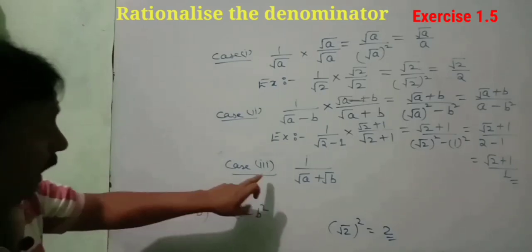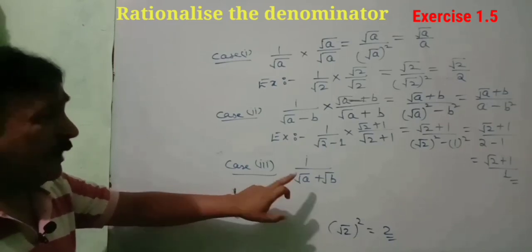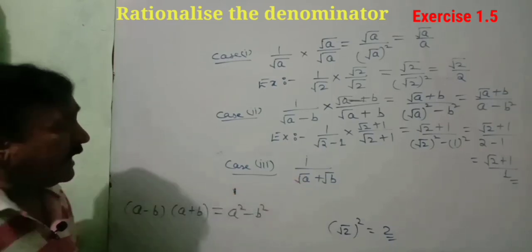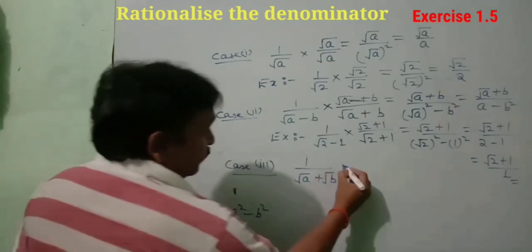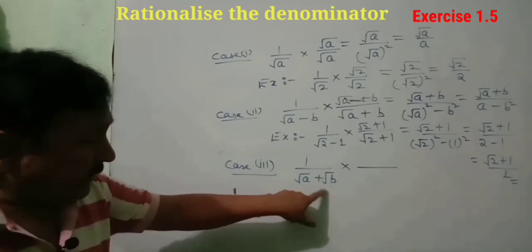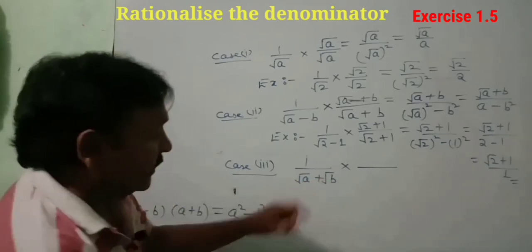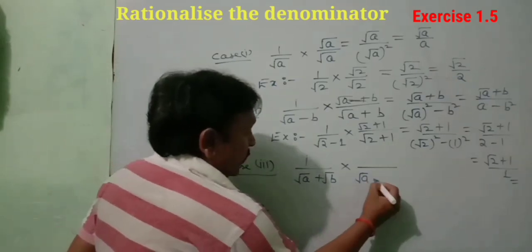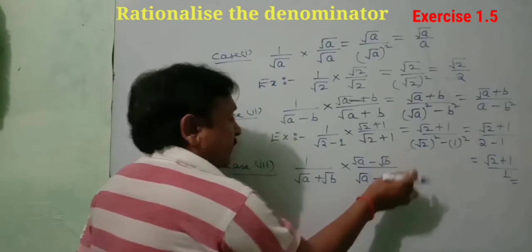Now come to case third. Any problem in this? No. We have to solve it in the same way as we solved case second. How? Again we have to multiply. It has the positive sign, so we take the same numbers but with a different sign: root a minus root b, both in numerator and denominator.